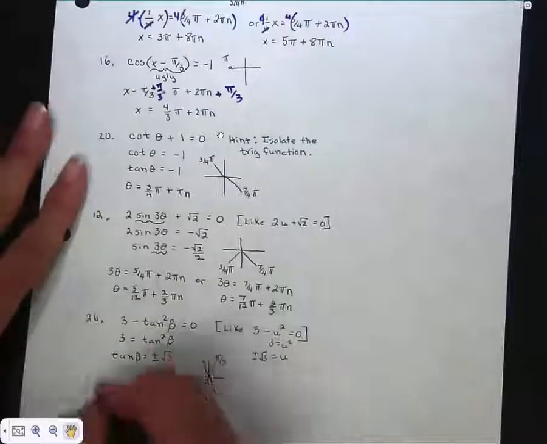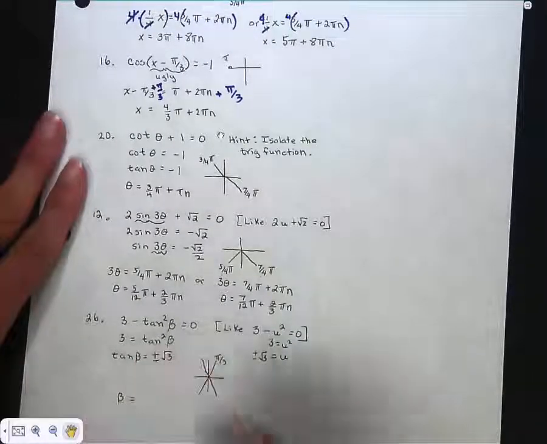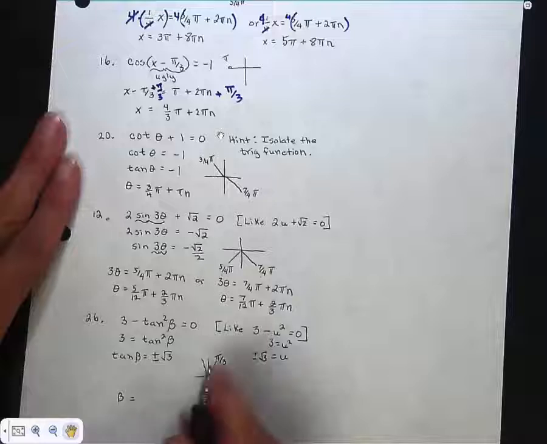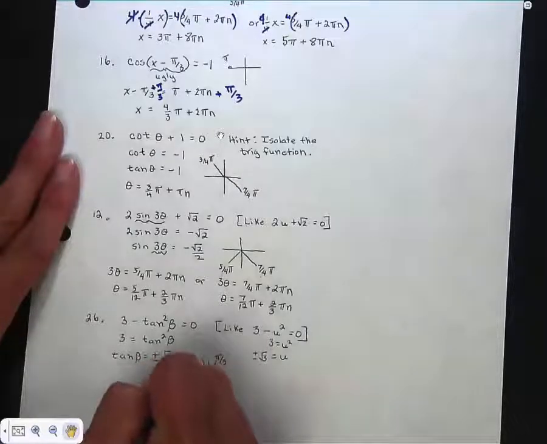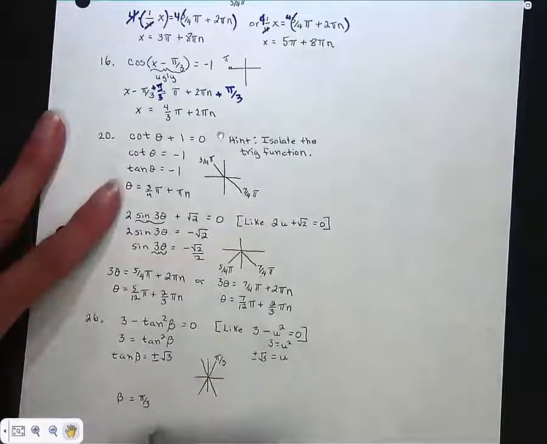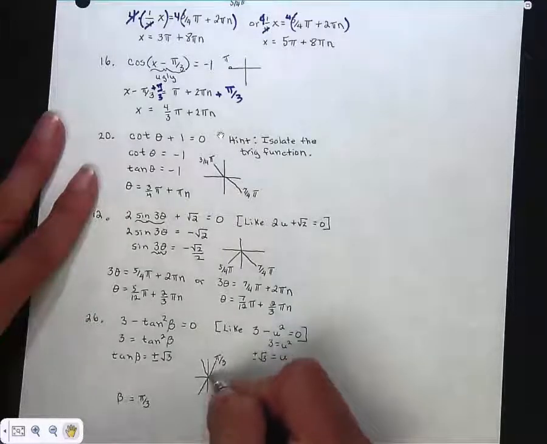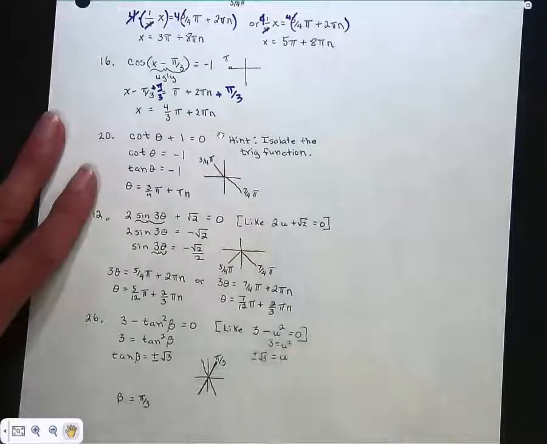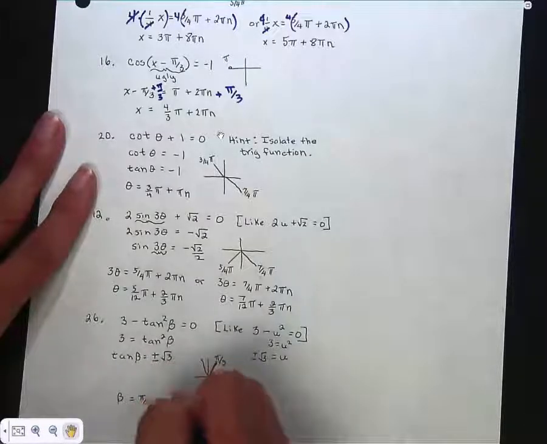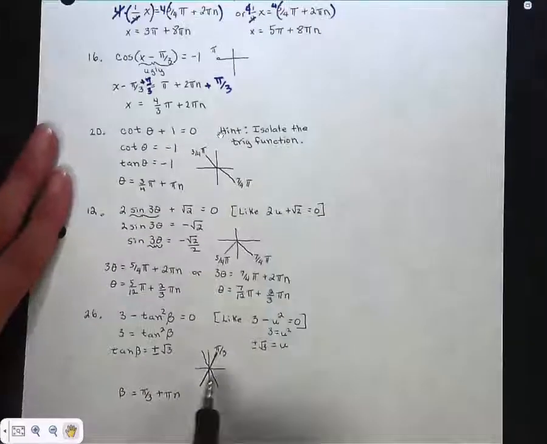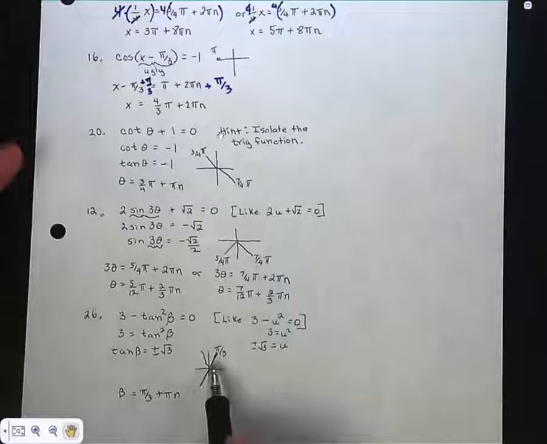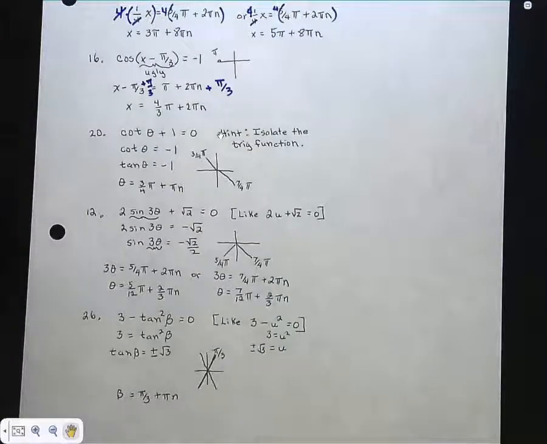Well, I could start with the first solution, pi over 3, and I could add 180 degrees or pi radians to get all of the first and third quadrant angles where tangent would be positive square root of 3.